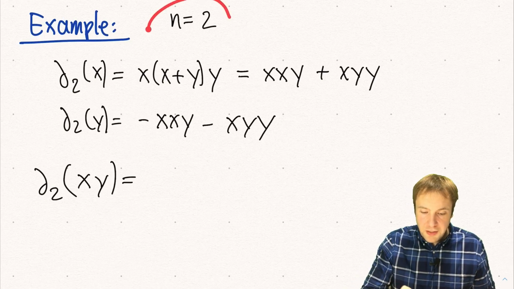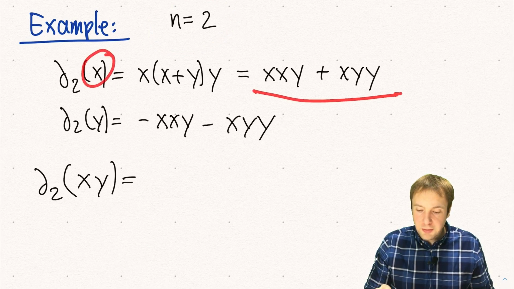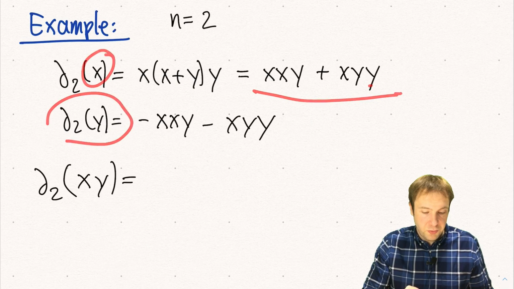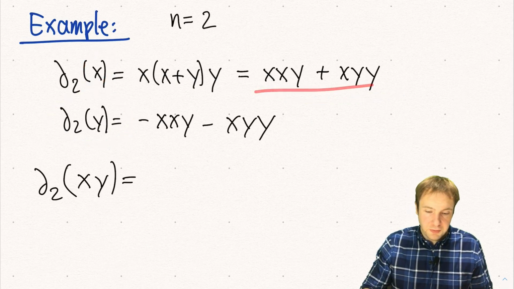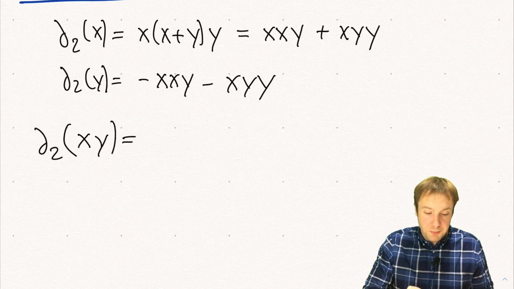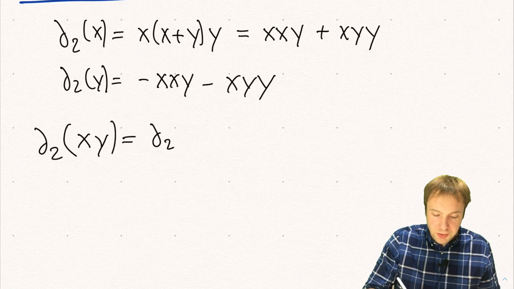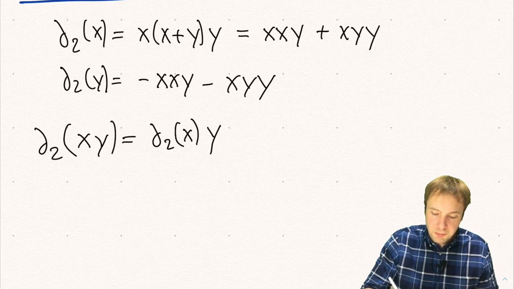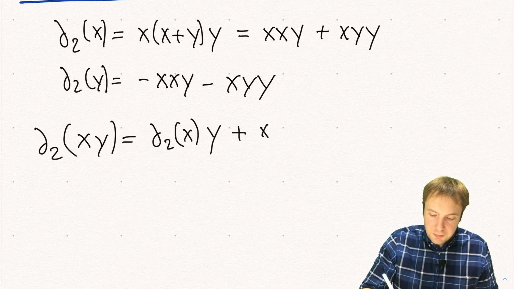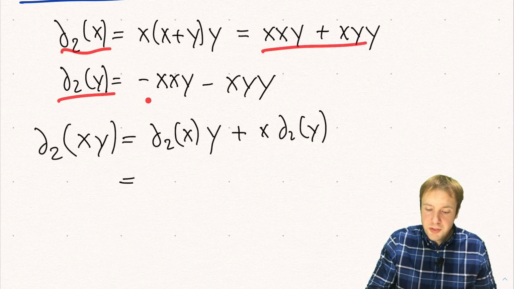So if n equals 2, then partial 2 of x is xxy and xyy, and partial 2 of y is the negative of this. Then we can try to apply it to the admissible word xy. We need to use the Leibniz rule, so we take partial 2 of x and multiply it with y, plus x times partial 2 of y. And then we can already use the definition on the generators here.